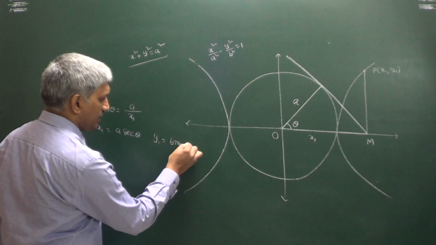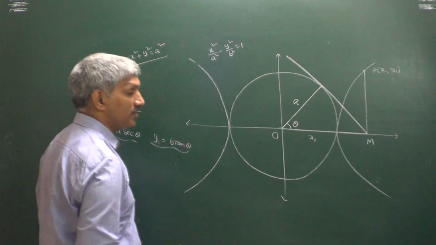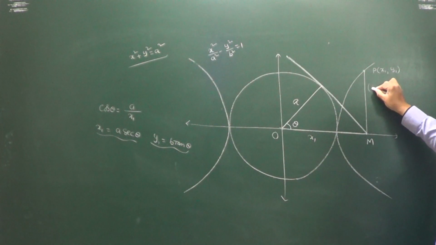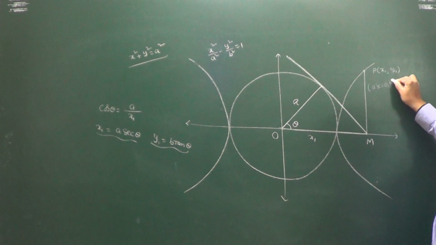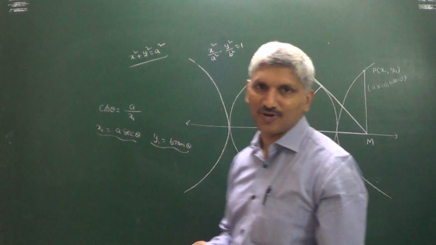So x1 is equal to a secant theta, y1 is equal to b tan theta. That's why the parametric equations of the hyperbola we will take as a secant theta comma b tan theta.